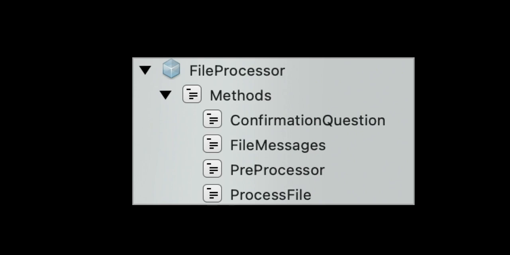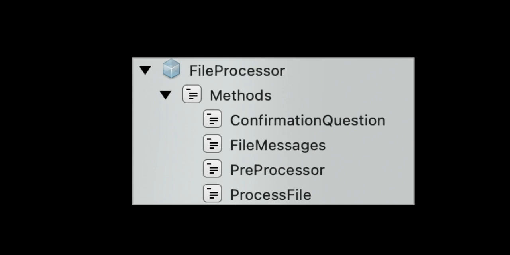Preprocessor. Sometimes when you're processing a whole lot of files, you have some activities you need to do up front that you just do one time, right? Maybe you need to gather a bunch of data or make a bunch of calculations, whatever it is. So preprocessor will run just once, and then it goes into a loop for whatever files the user selected and passes each folder item to process file.